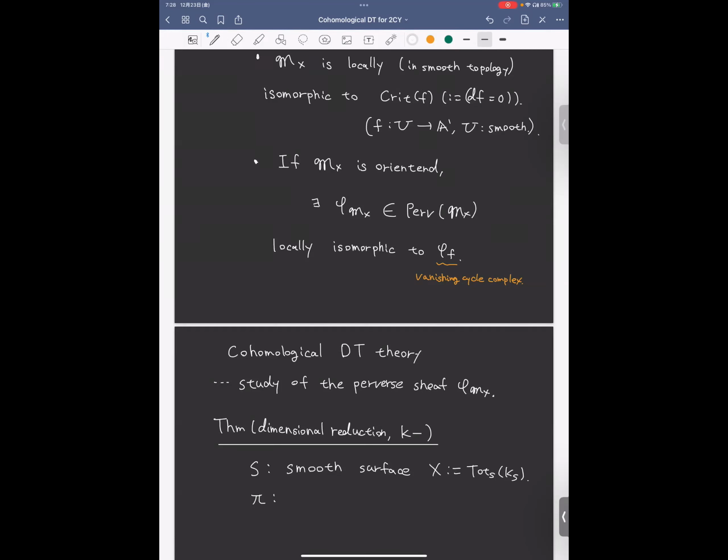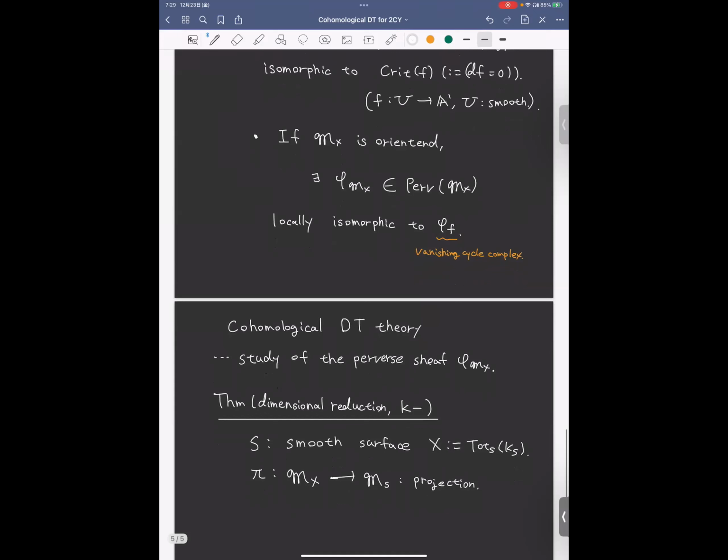And let pi be the projection from M_X to M_S, defined by pushforward from X to S. Now we can see that M_X carries a canonical orientation.